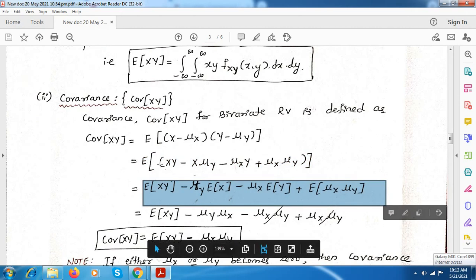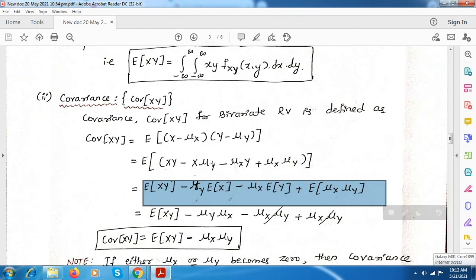So next, expectation of xy will be kept as it is, and minus expectation of any constant will be the constant itself. So this constant mu y is taken outside, and this is expectation of x, and here it is minus mu x, this is constant so kept as it is, and expectation of y, and this will be expectation of mu x into mu y.